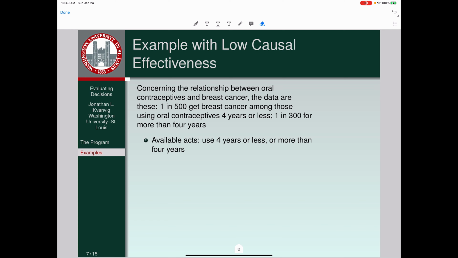So here, available acts, it's obvious. You can use it for 4 years or less, including never using it at all, or you can use it for 4 years or more, and the states of the world are two. Either you get breast cancer or you don't.